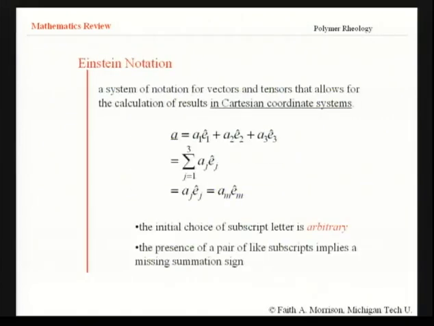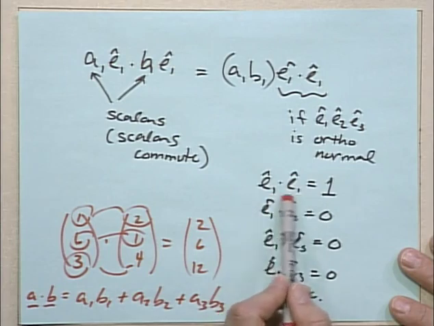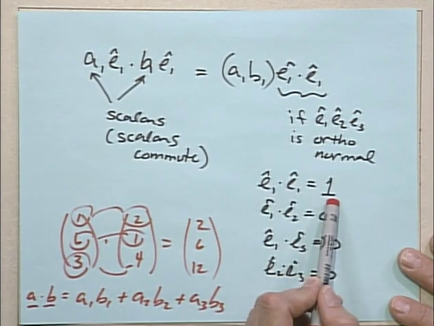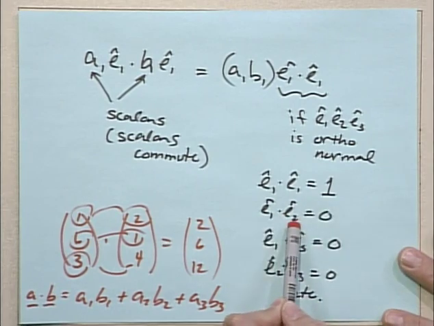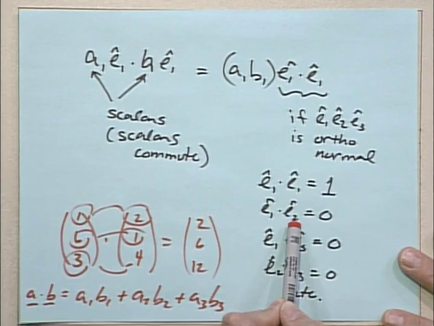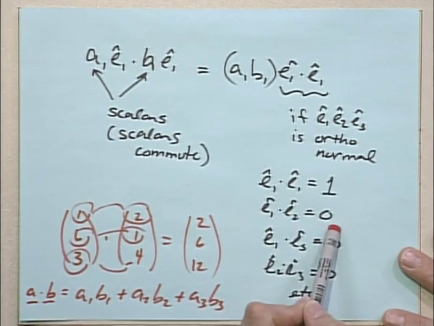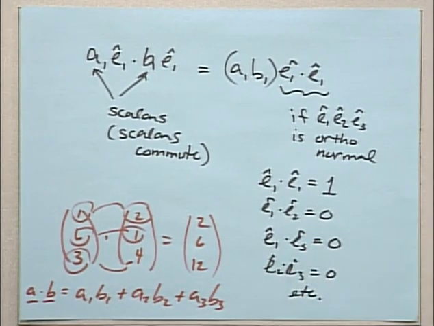Now, back here on this slide, we were talking about orthonormal multiplication and how if you multiply a vector with itself, you get the unit vector, or you get the value 1. If you multiply an orthonormal vector with one that is perpendicular, one of the other basis vectors, you get 0, etc. We can generalize this rule using the Kronecker delta function. So that's what we say here.